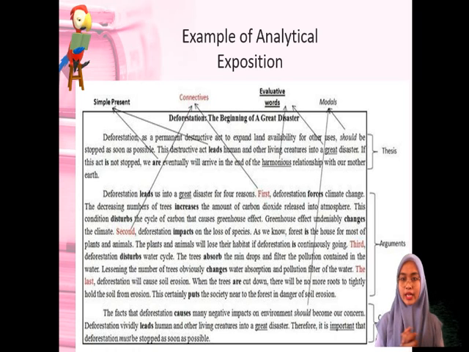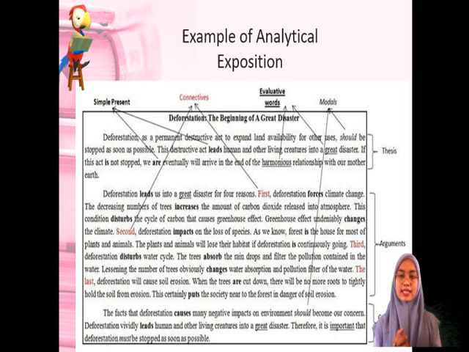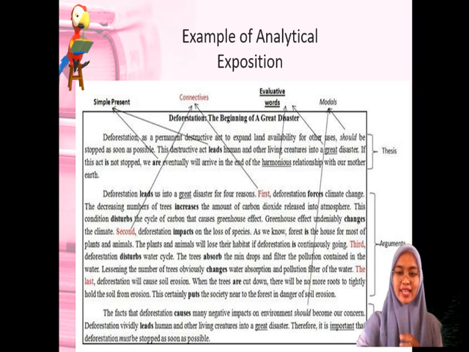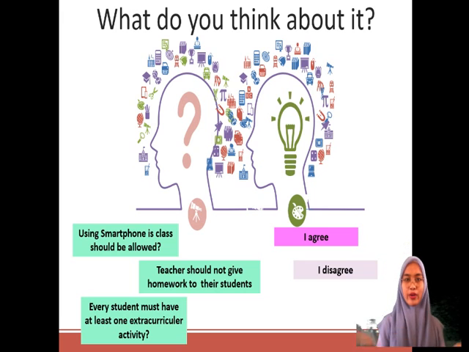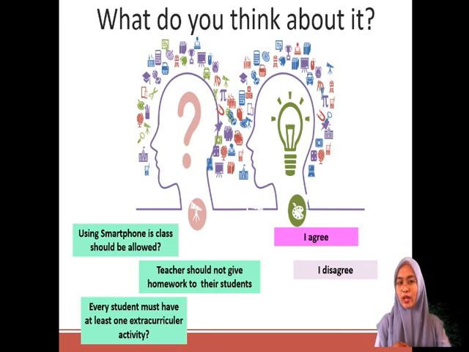And then, in the next slide, I want your argument about the issue. Just say agree or disagree. The first one, what do you think about it? Using smartphones in class should be allowed. Do you agree or disagree?